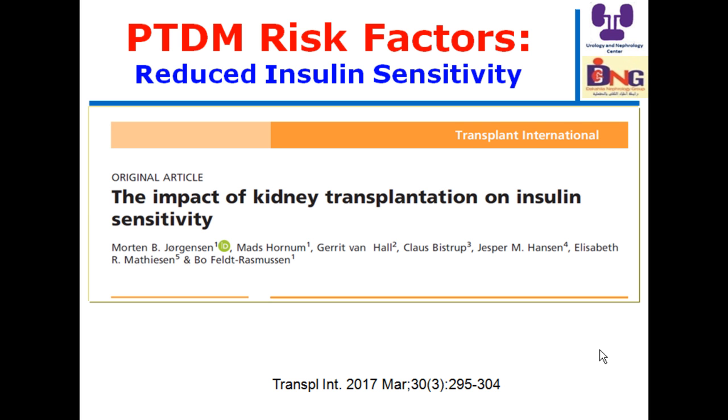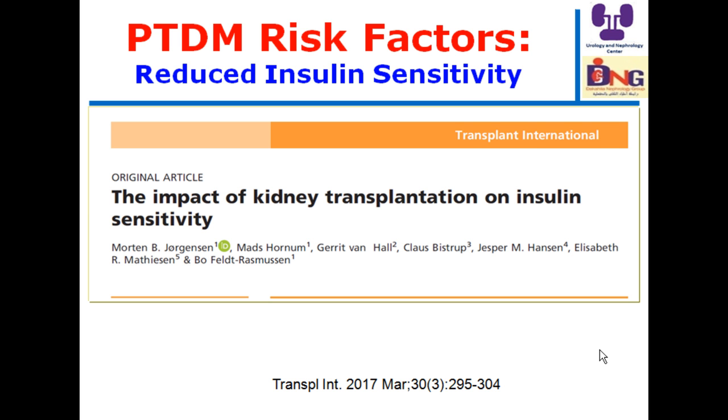The clamp was repeated 6 months after kidney transplantation. Although this study included a small number of patients, 9 patients, it showed that insulin sensitivity is reduced 6 months after kidney transplantation, characterized mainly by impaired suppression of endogenous glucose production.